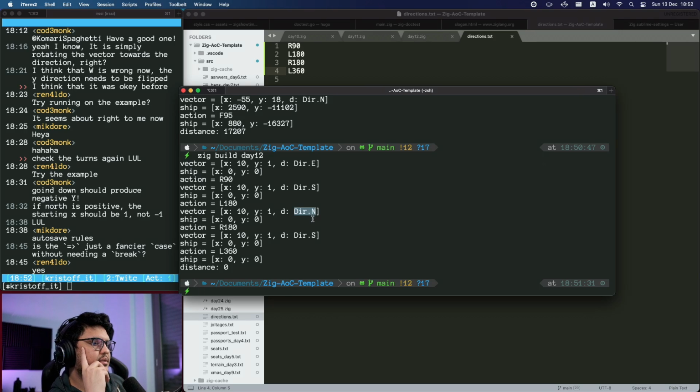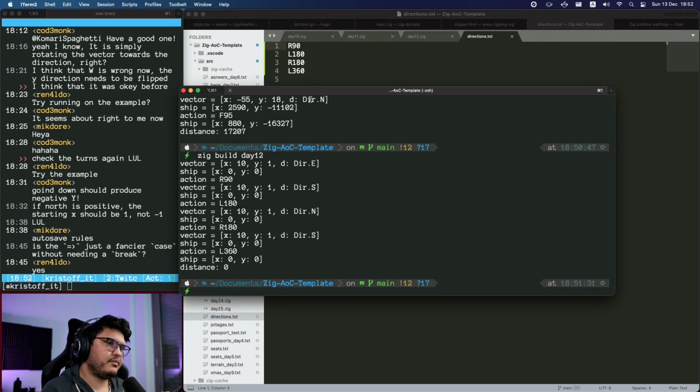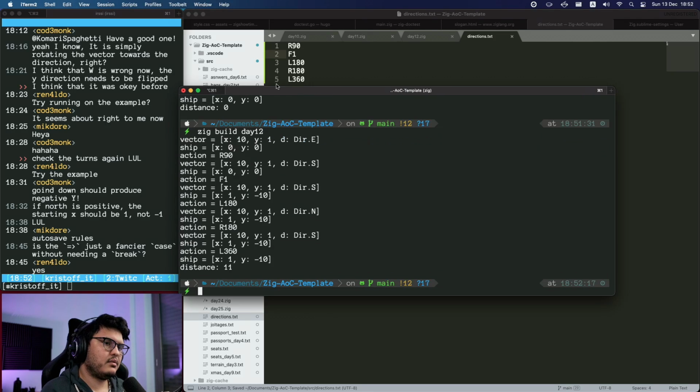Left. Oh, I'm not printing the vector the last time because I never cared about the vector that much. Okay, that's fine. F1. So, right 90. F1.